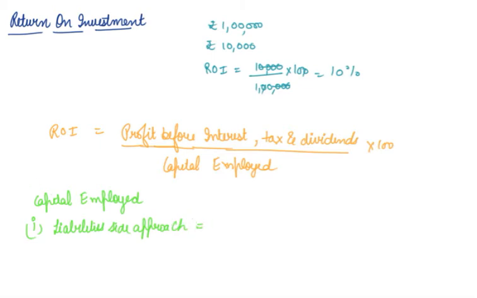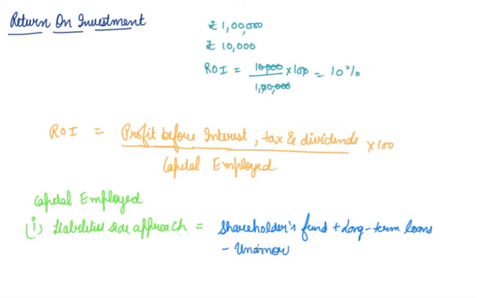Under this approach, we have the formula: shareholders' fund, meaning all of your equity, reserves and surplus, plus long term loans, all the long term loans, meaning your debentures, your loan from bank, minus unamortized expenses.